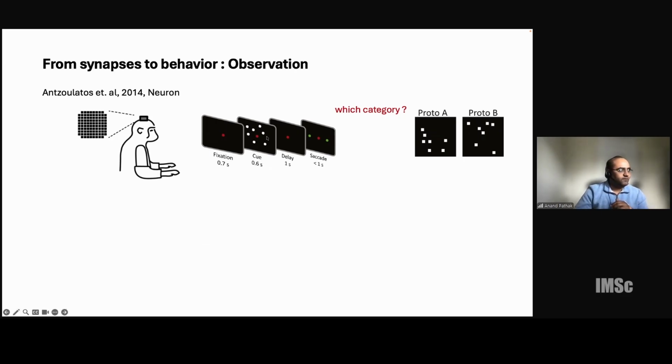There's a cue for 600 milliseconds, and then there is a delay period of 1 second, where the monkey is just waiting, and then there is a response where the monkey has to tell whether it's A or B, and based on that, it gets a reward. So this is one trial, and it's trial after trial after trial. The monkey learns to differentiate the categories. It's a kind of reinforcement learning.